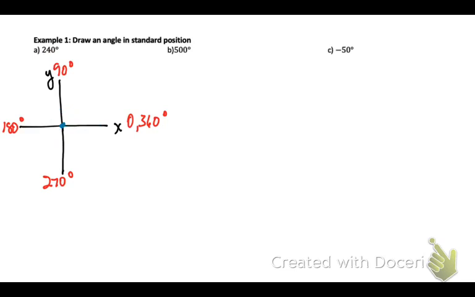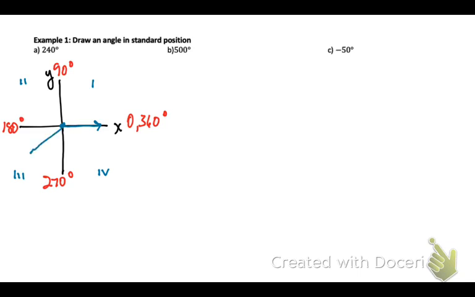Okay, now we're going to create and draw the initial side, so that has its vertex at 0, 0 and is on the positive x-axis. And then I know that an angle that is 240 degrees will be in quadrant 1, 2, 3, because it is between 180 and 270 degrees. So I'm going to draw that terminal side.